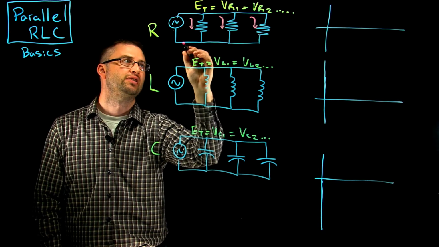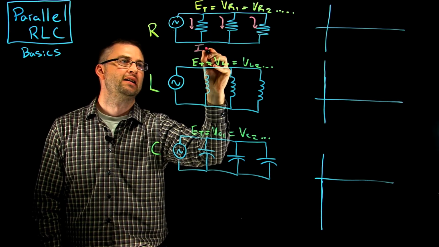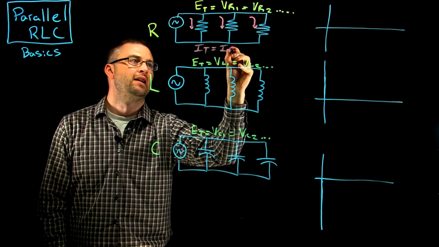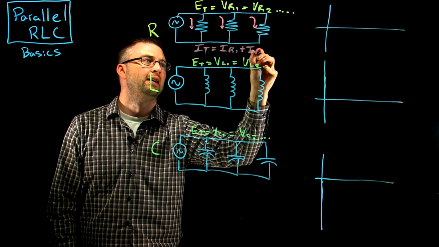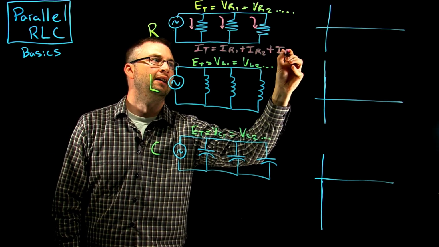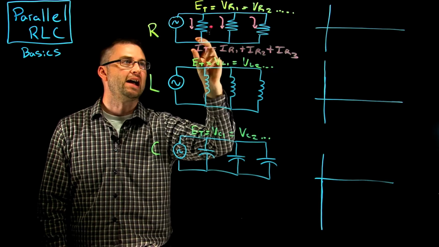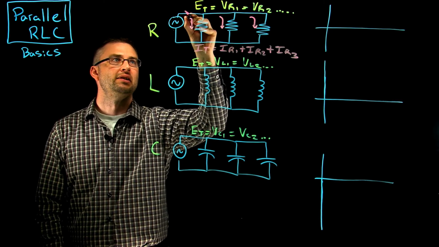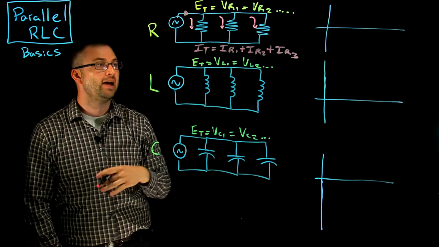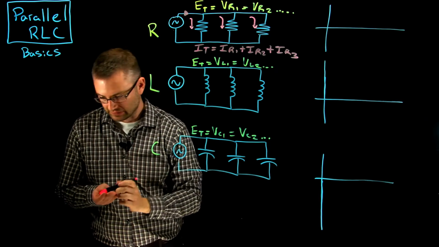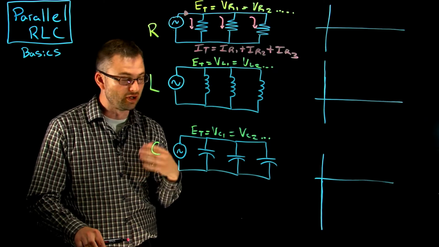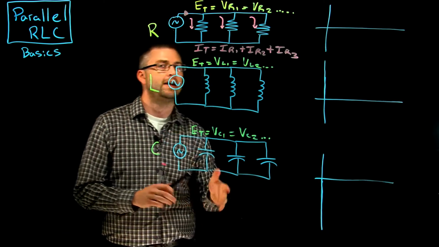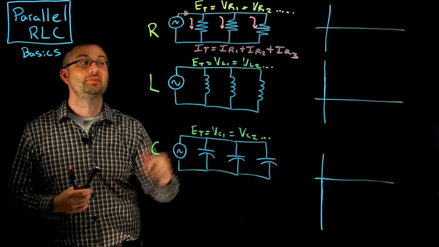For this resistive circuit, we can say I total is equal to the I of R1 plus the I of R2 plus the I of R3. So we have to add up each of the currents in each branch to get the I total that's coming from the source. It's a basic circuit property that we can remember from before, but there's a reason why we can simply add the currents up.